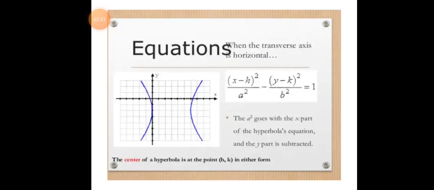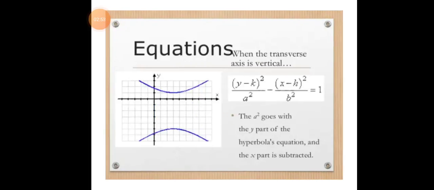The center of the hyperbola is at the point h, k in either form. Then the equation with the transverse axis vertical: the a squared goes with the y part of the hyperbola's equation and the x part is subtracted.